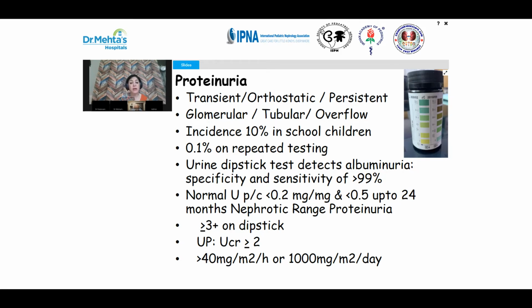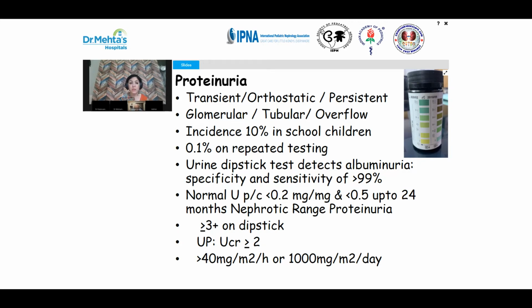So this urine protein creatinine ratio done on a spot sample collected by a midstream catch in the office works very well, and it correlates very well with the timed sample collections of more than 40 milligram per meter square per hour or 1000 milligram per meter square per day if the urine protein creatinine ratio is equal to or more than 2.